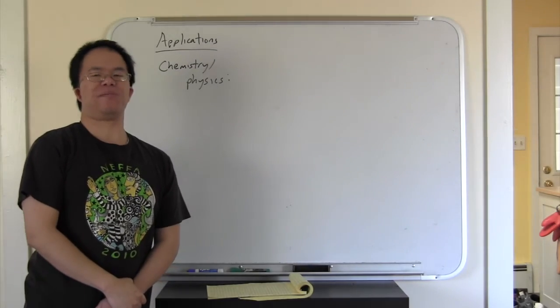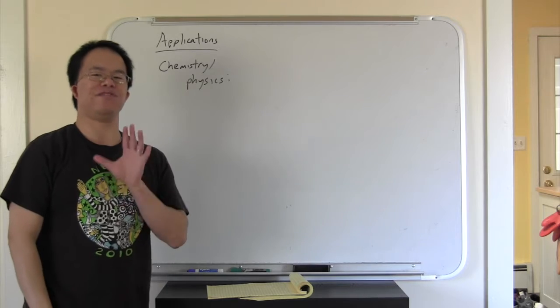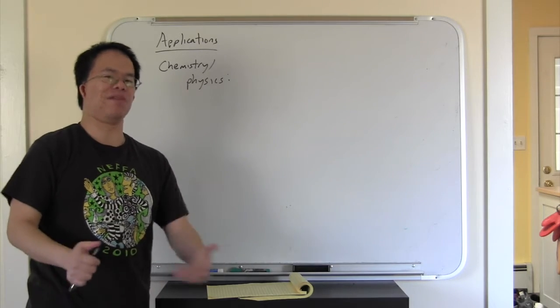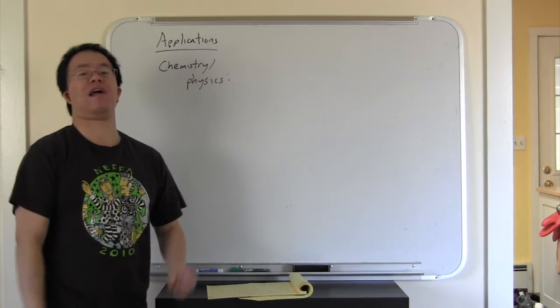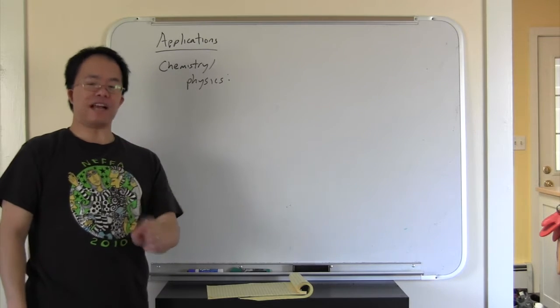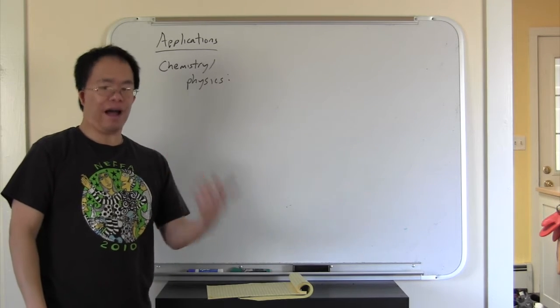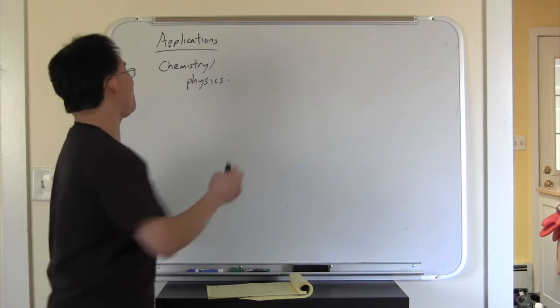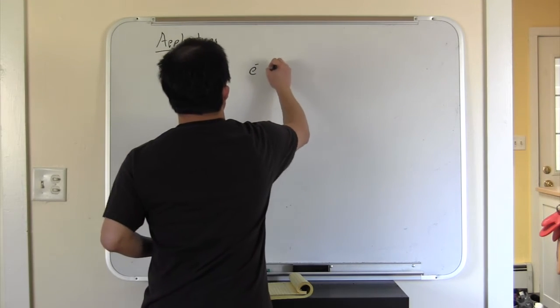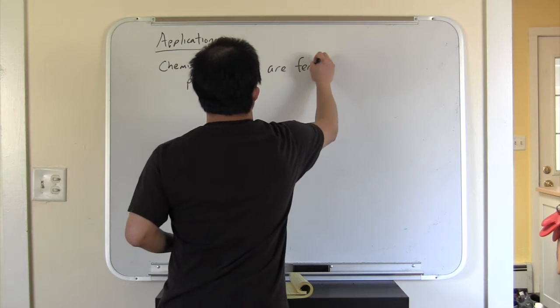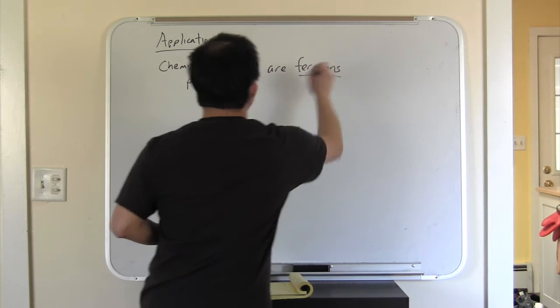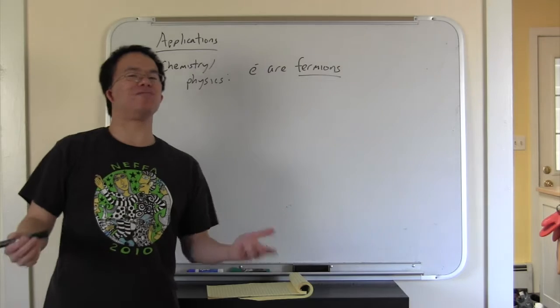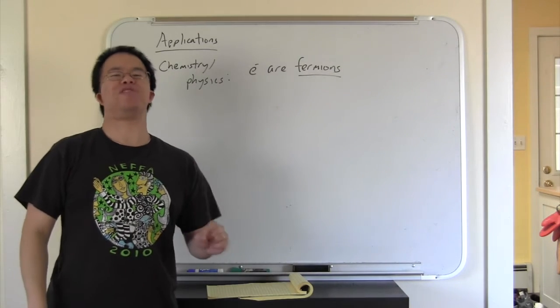Another application of spin that I'm only going to have time to mention very briefly is something relevant to both chemistry and physics. It turns out that because electrons have spin 1/2, they are what are called fermions. So there's something called the Pauli exclusion principle you might have learned about in chemistry.